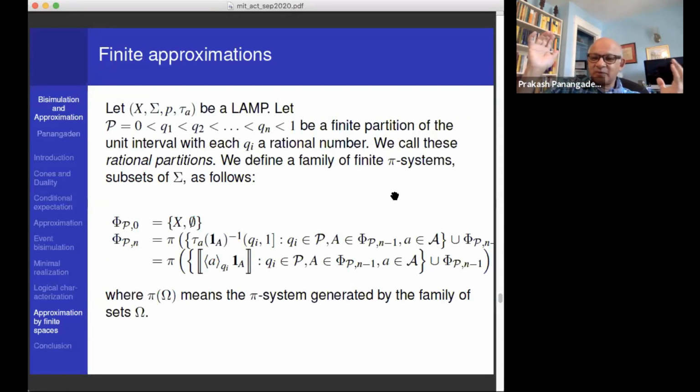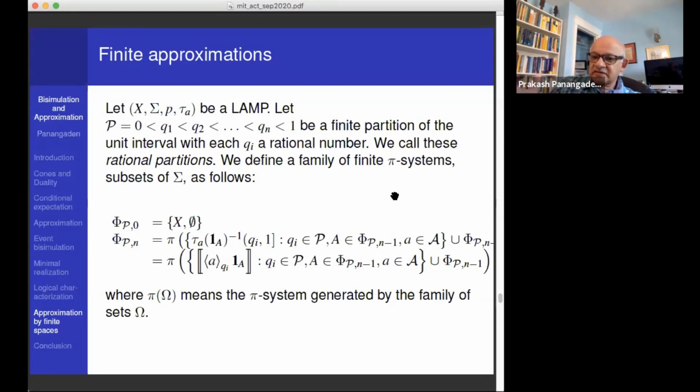It seems like a fancy word for such a simple thing, but pi systems actually play a very, very important role in measure theory. For example, you may be wondering if two measures are different on a certain sigma algebra, and the sigma algebra happens to be generated by a pi system.